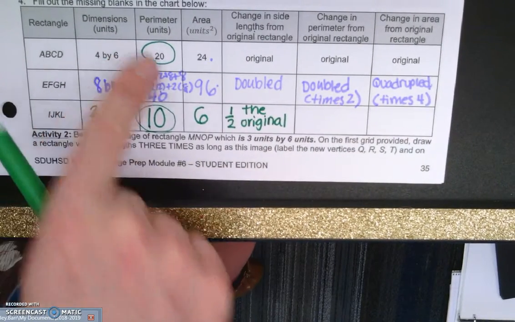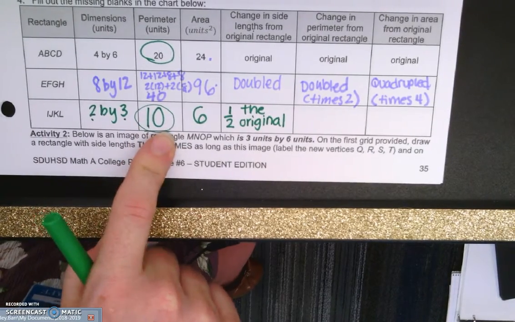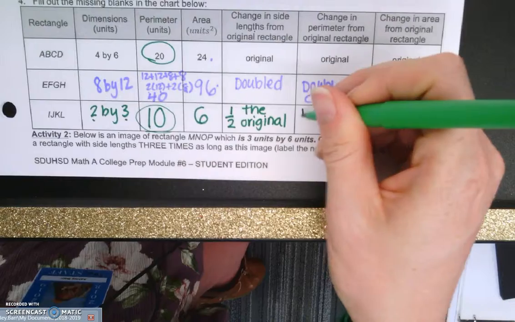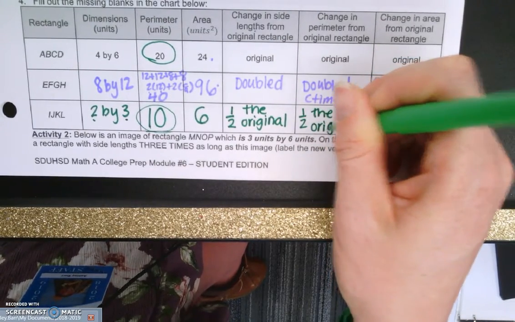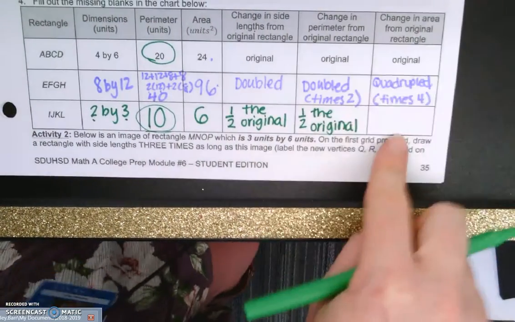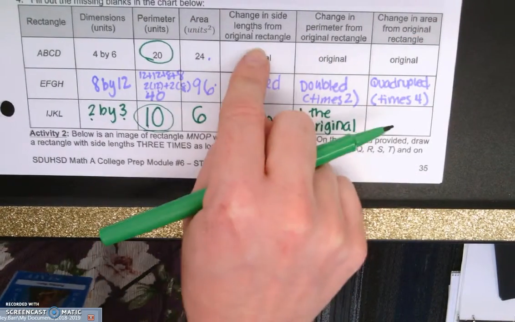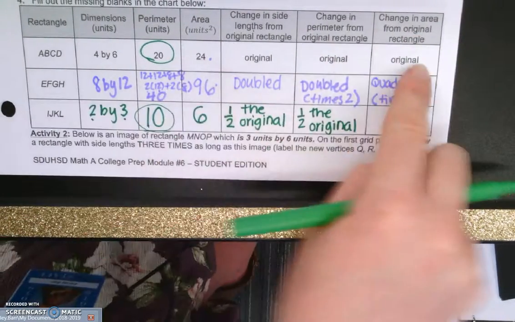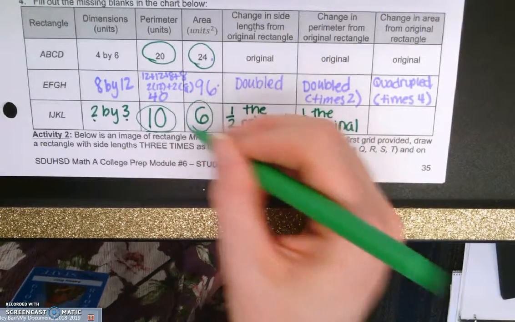How would we go from 20 to 10? It's also half the original. Okay, let's look at our last column. Change in area from original rectangle. Well, remember, the original rectangle is our very first row. So 24 to 6.